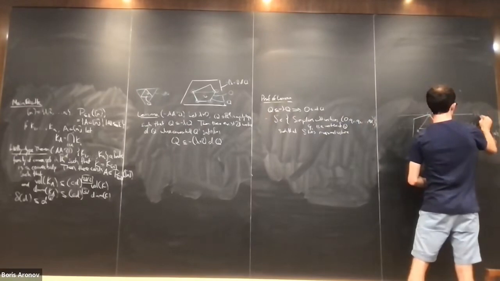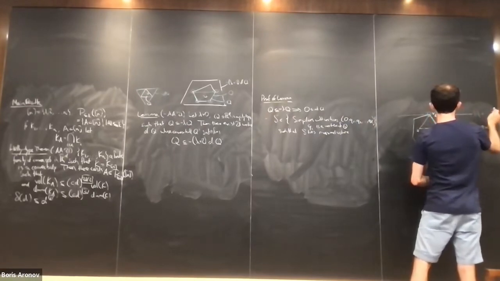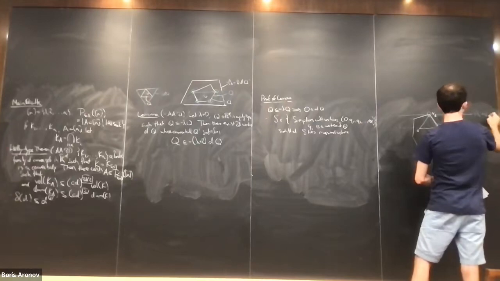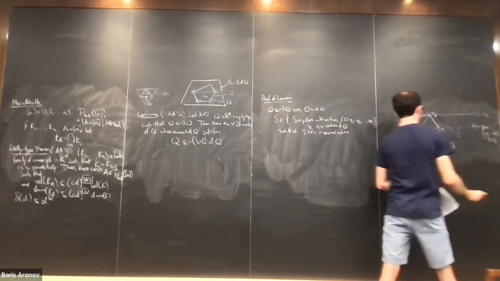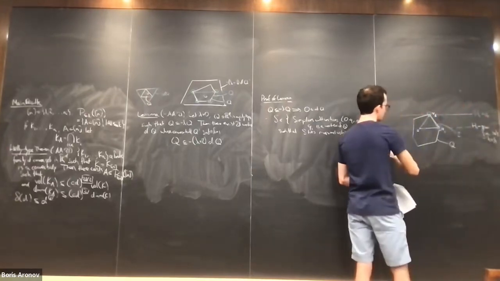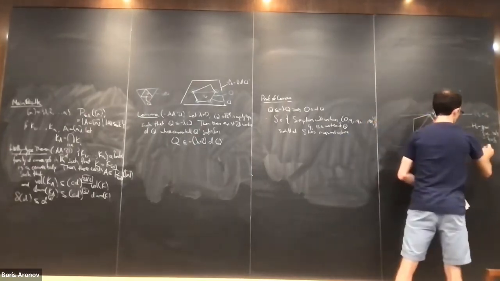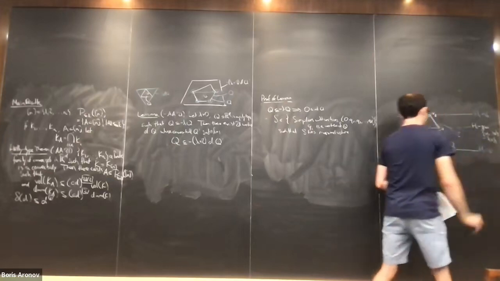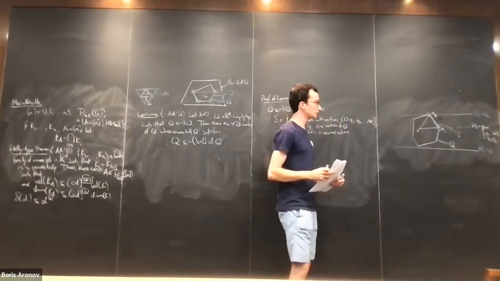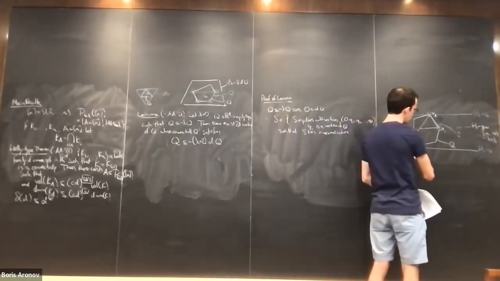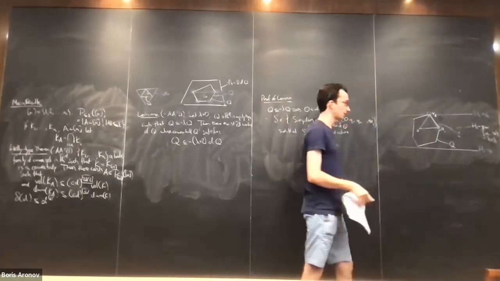This is H1 plus VD. And this down here, H1 minus VD. So the observation here is that any vertex of Q must lie in this strip.